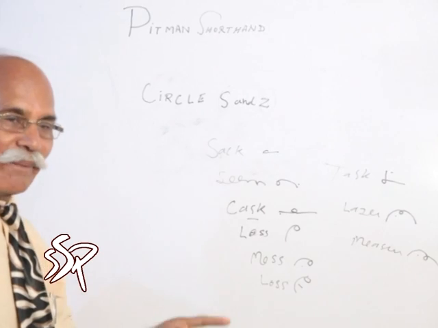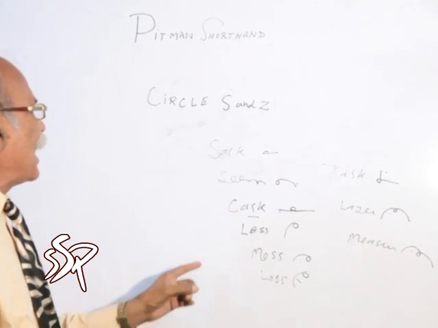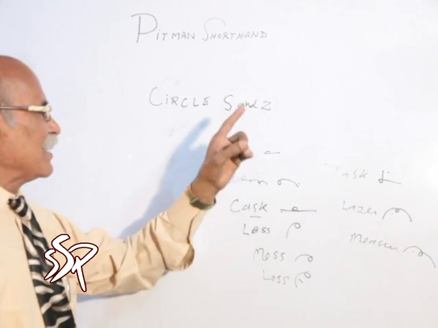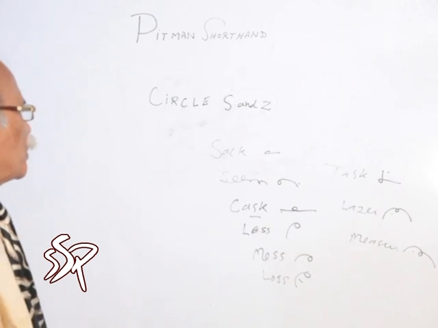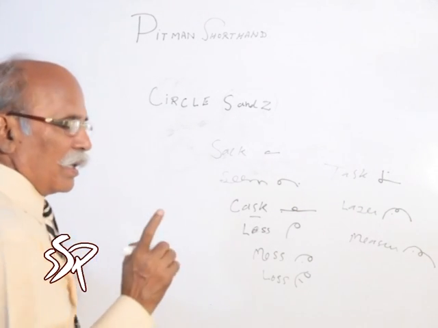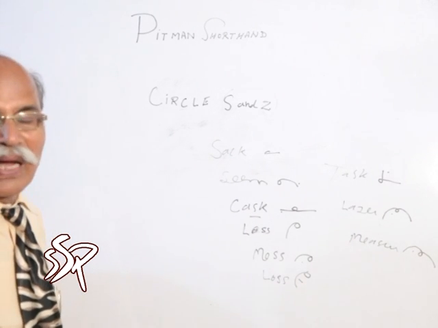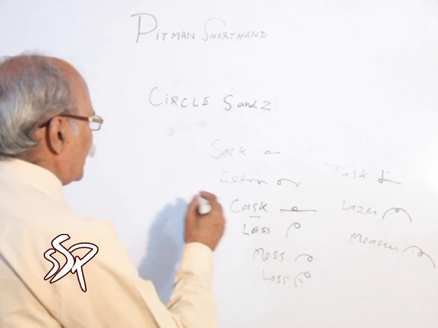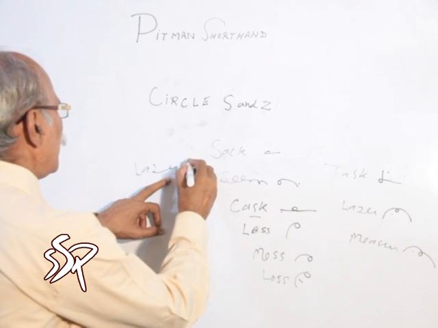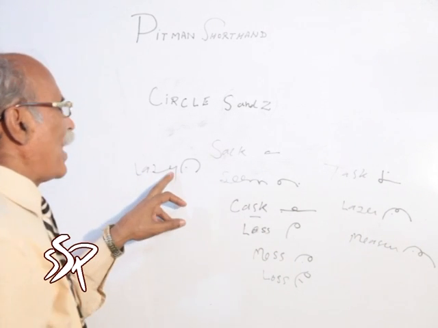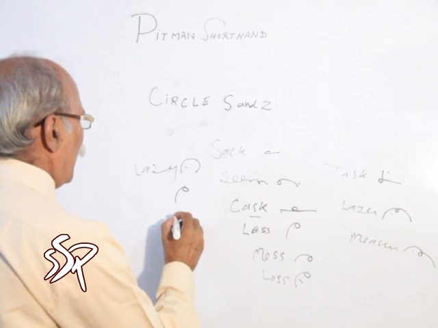I am repeating: when a vowel does not come before S and Z, then the circle is used. Number two, when a vowel does not come in the final position either, like lazy, or less.